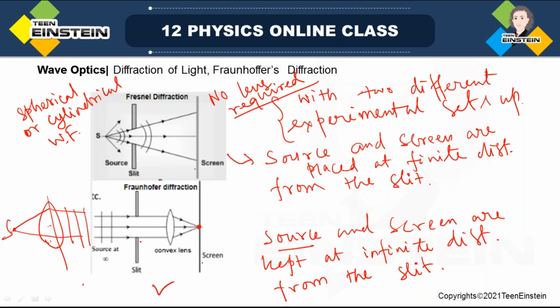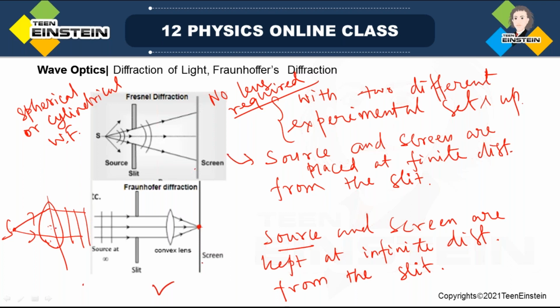In fact, in Fraunhofer diffraction there are two lenses used, one just before the source and another before the screen. Before the source you keep one because you want plane wavefronts, or parallel rays.